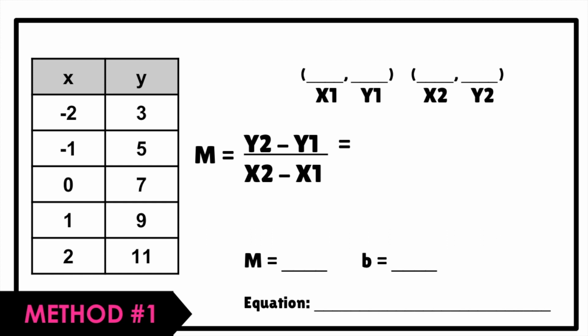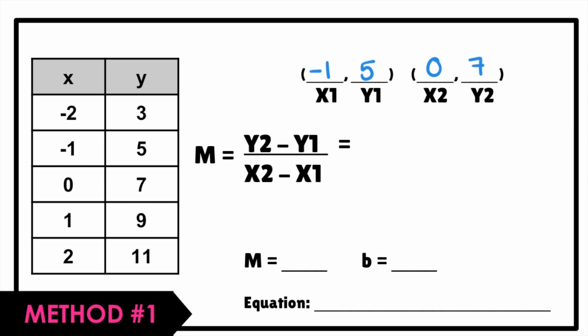To find the slope from this table, I'm first going to choose two of the ordered pairs that are here. I'm going to use this point, (-1, 5), as my x1 and y1. And I'm going to use this point here, (0, 7), as my x2, y2.